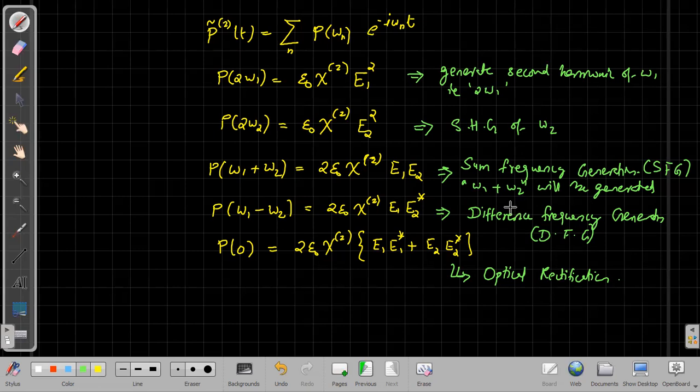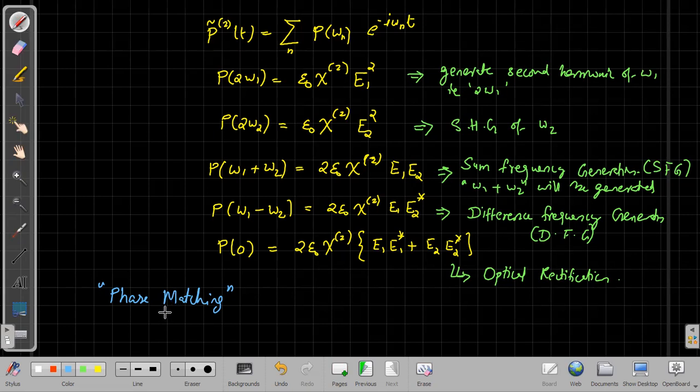So there is one condition called phase matching. This condition is necessary to produce that particular oscillation. So if the phase matching condition is satisfied, we'll discuss the phase matching condition later, then that particular frequency would be generated.